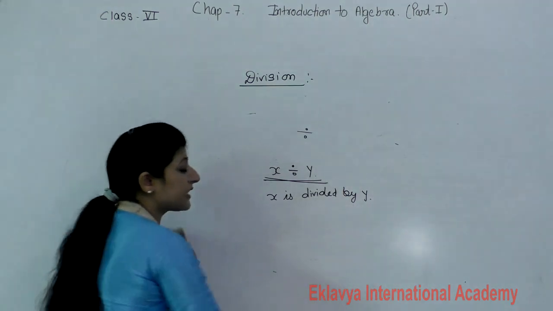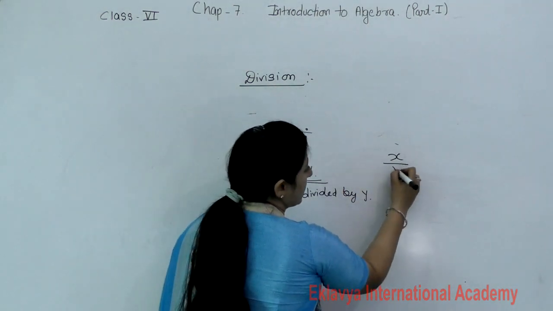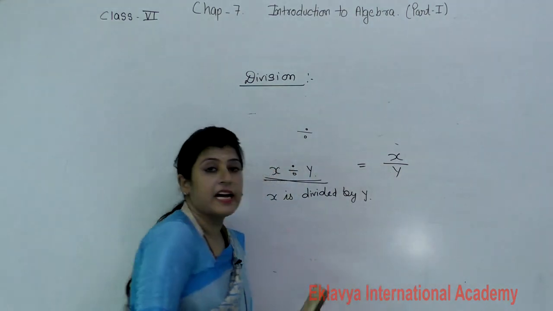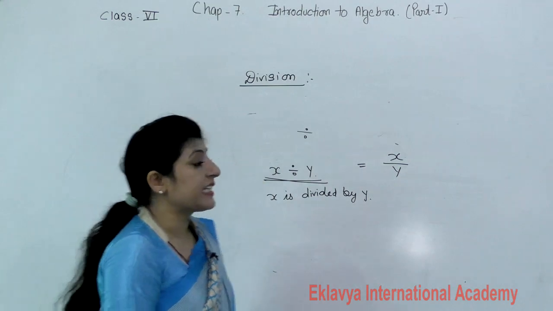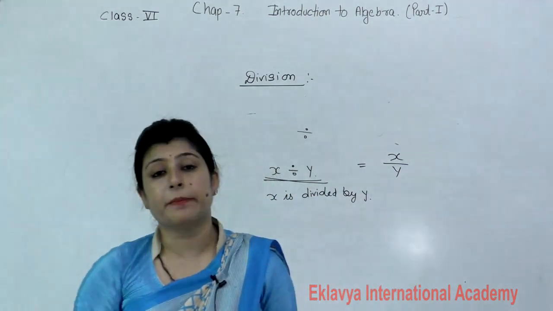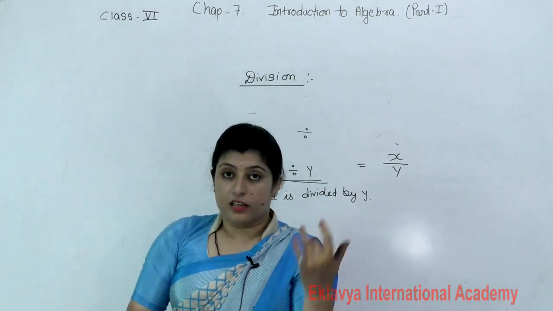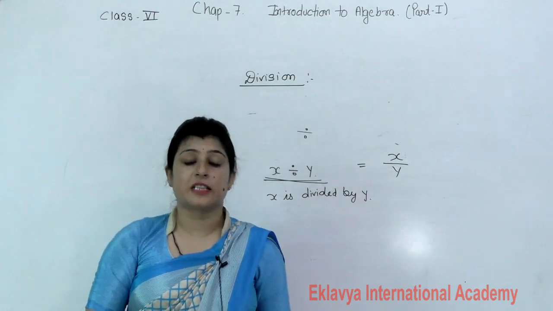You can represent it by this. x divided by y. You can represent by this. This is also same. x divided by y. So basically these operations, addition, subtraction, multiplication, division, we will use in our algebra.